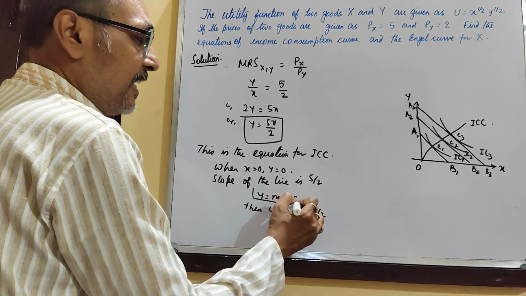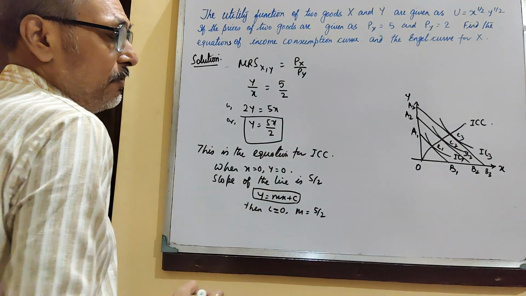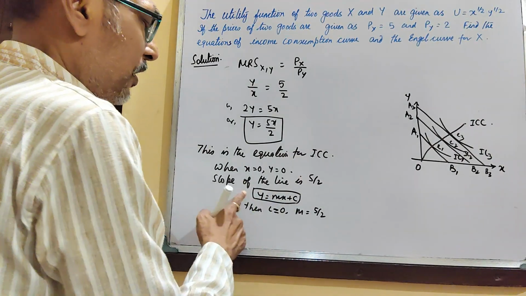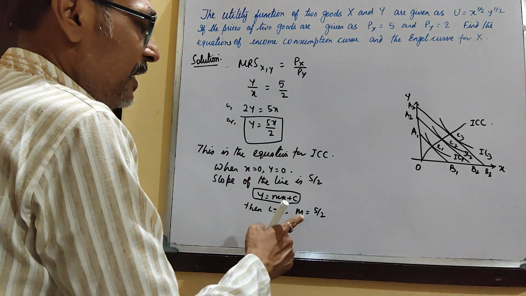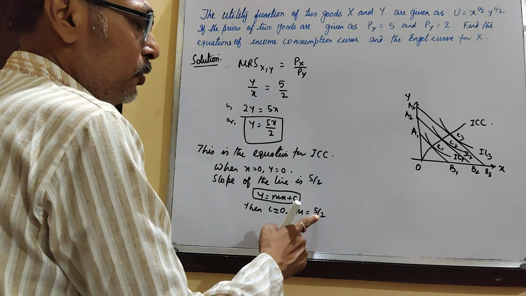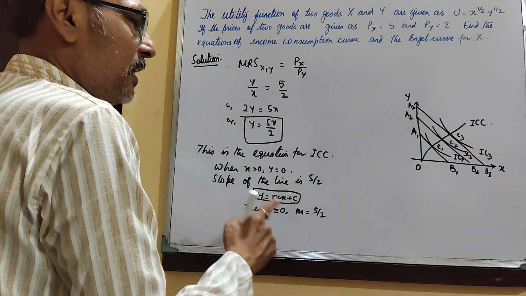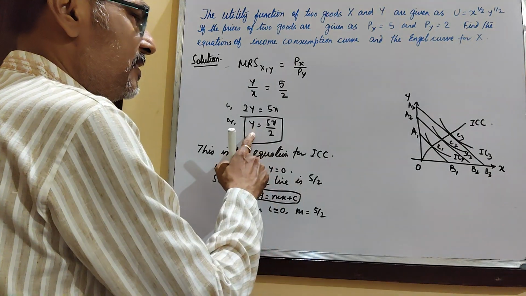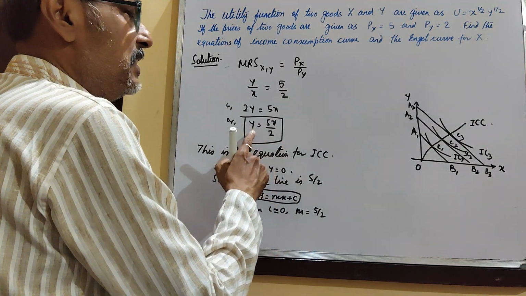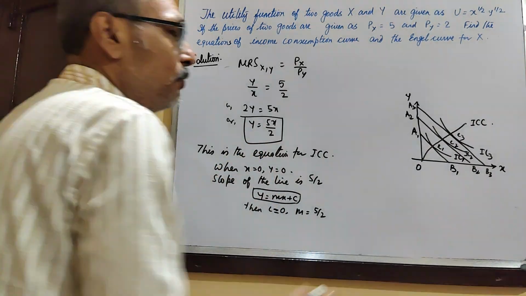We know this is the standard form of an equation of a straight line. Here m is the slope, which equals 5/2, and c is 0, that is the constant term. This is the equation of the ICC, which is a straight line passing through origin.